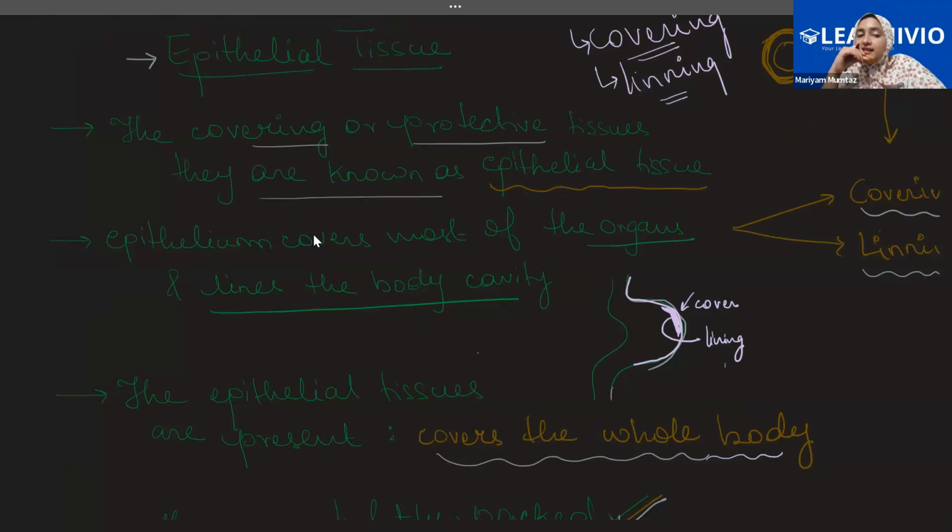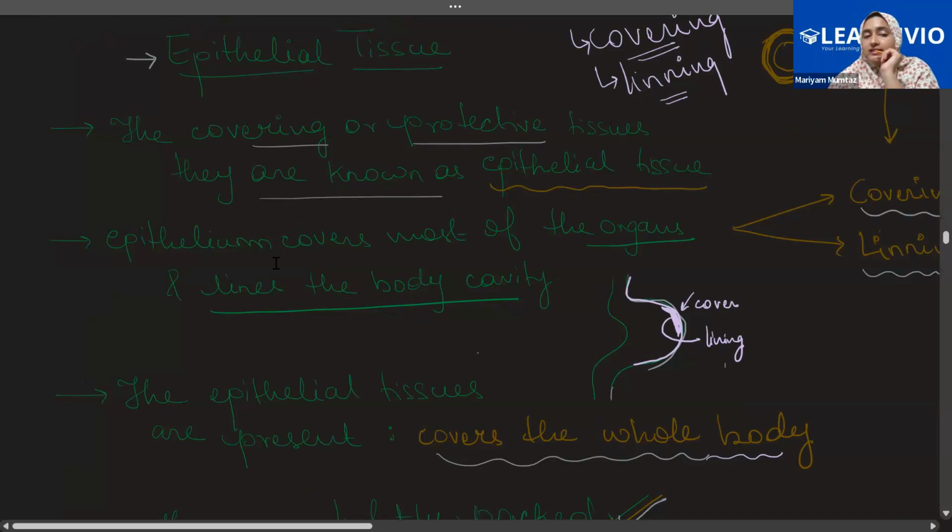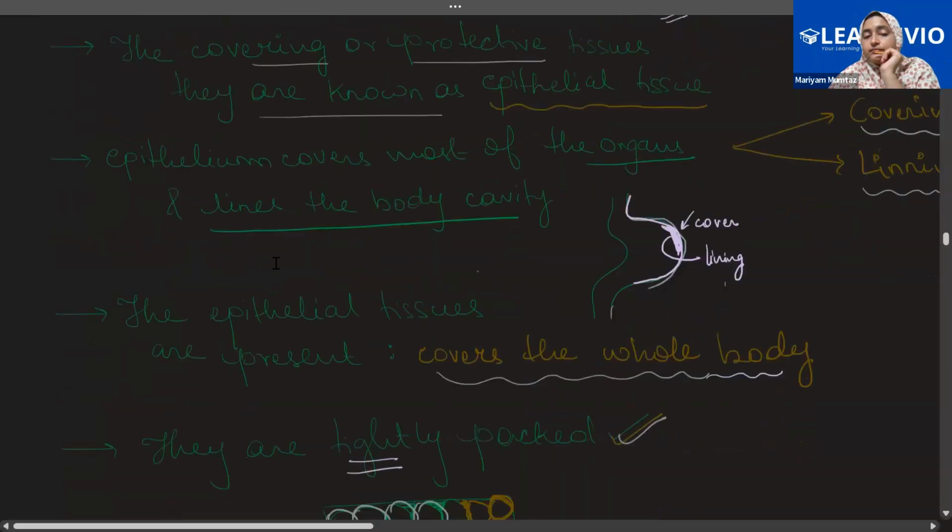And simultaneously, the epithelium lines the body cavity. It lines the body cavity, meaning a layer of epithelium is present towards the inner parts of the body cavity. So that is in terms of presence or the location.